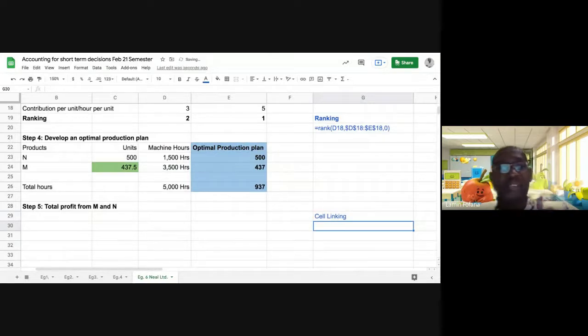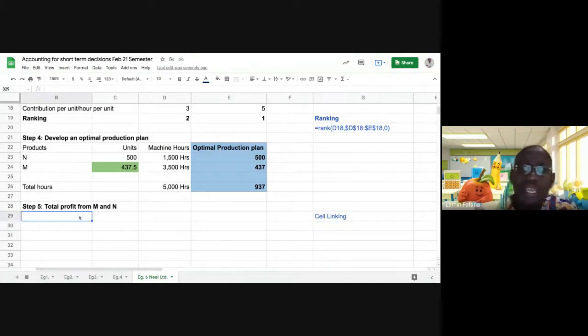Cell linking. Okay, so we're going to do a cell linking function, so that if you link the cells and there are changes in any of them, the changes are going to be replicated in all of them. So we say equals, just like you rightly said, we say equals product. We need M, N, and M here as well.